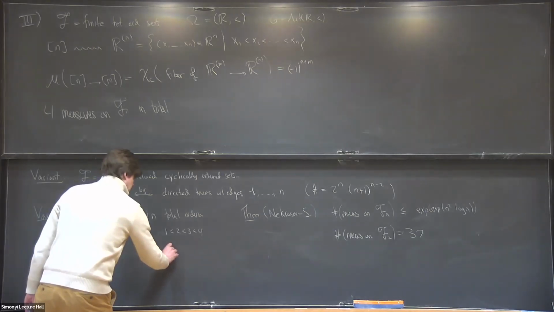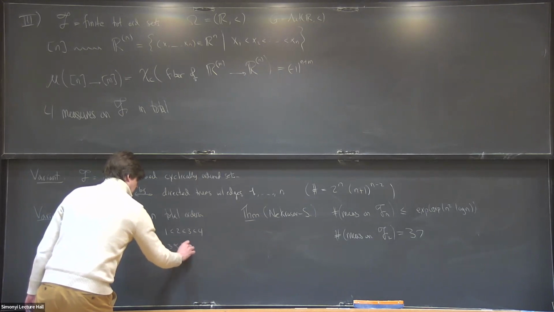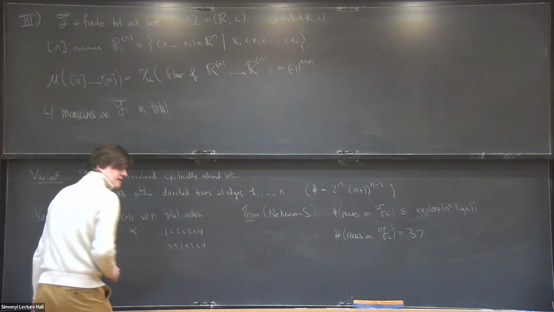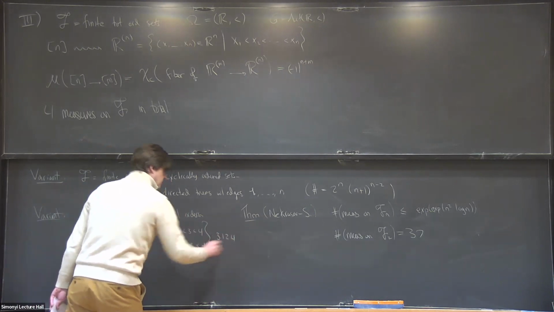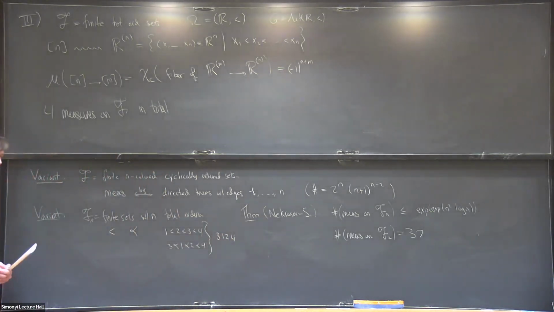And so maybe it's like 3 is the smallest, and then 1, and then 2, and then 4. So this whole setup, you can just record by writing down the sequence 3, 1, 2, and we think of this as a permutation of 1 up to 4. That's the idea. So it's like a torsor for the symmetric group. Yeah, that's right.